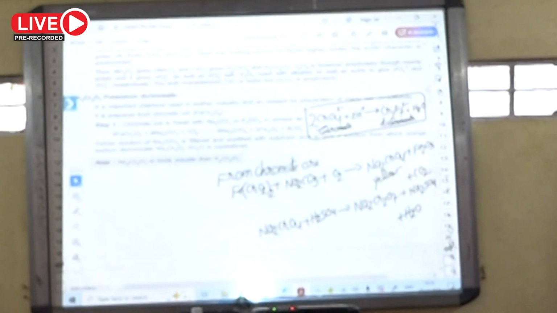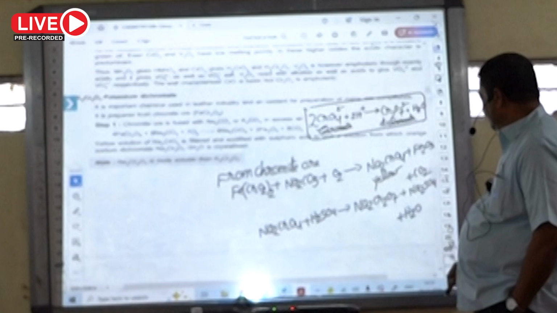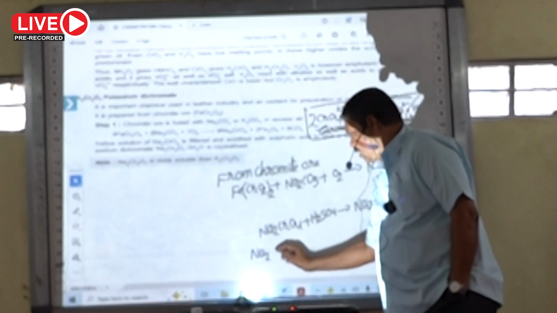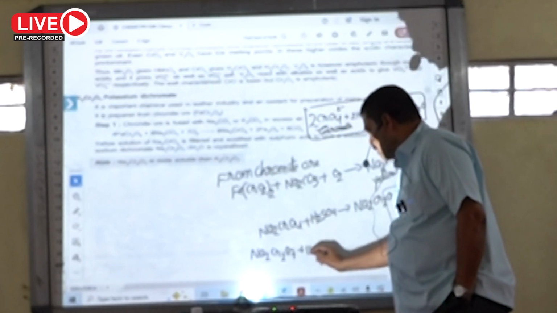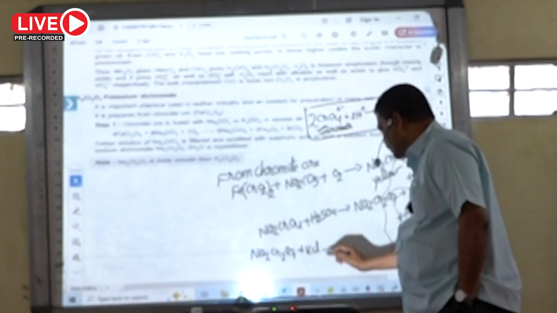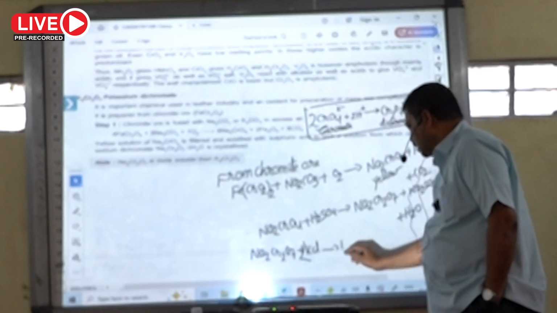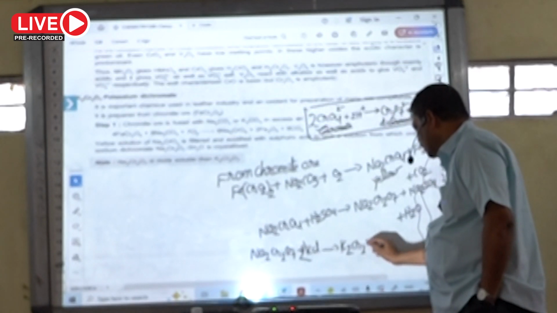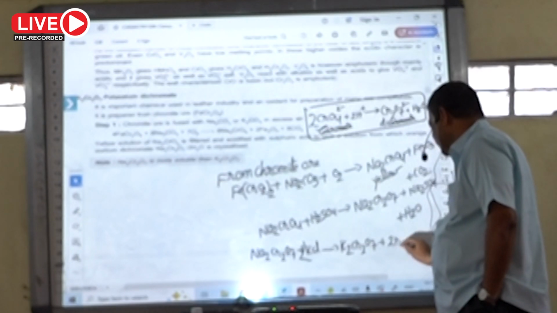Now the last step, this sodium dichromate, Na2Cr2O7, is treated with KCl. Write 2 KCl, then you will get K2Cr2O7 plus 2 NaCl.